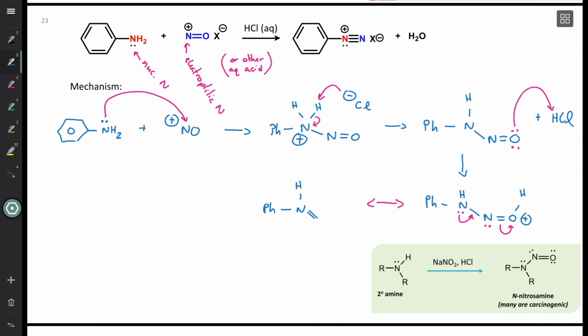So forming that double bond, and then double bond to the nitrogen, single bond now to that OH. So it's no longer positive, but now this nitrogen carries the positive charge. Okay, so that's just resonance between these two. And we have generated more chloride again, which will help deprotonate here and neutralize that nitrogen.